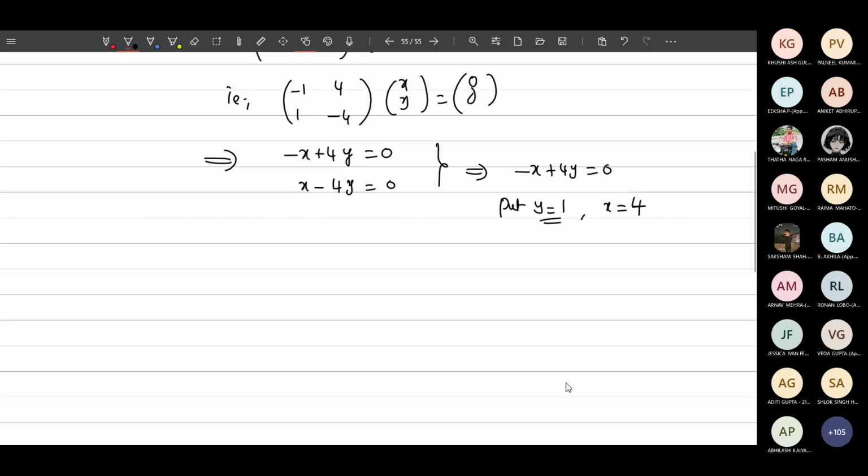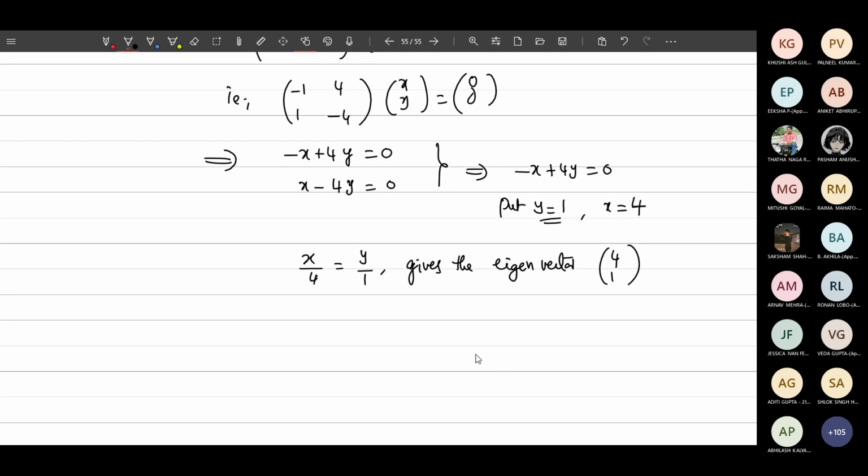So of course, if you change the y value or the x value, whatever it is, you will get different values. That means x by 4 equals y by 1, we can write. So this gives the eigenvector 4 comma 1.